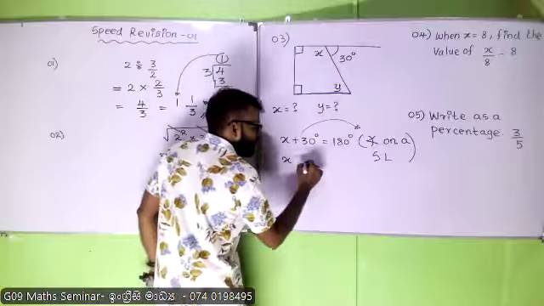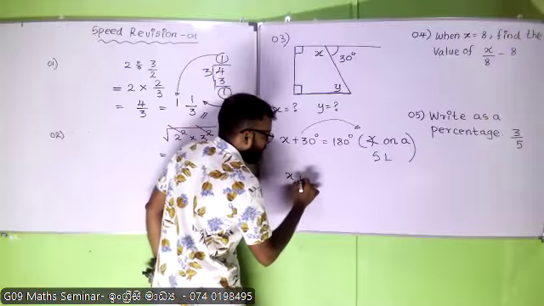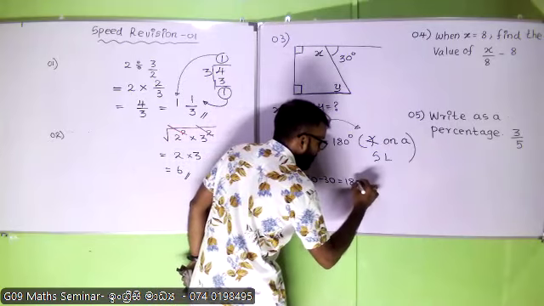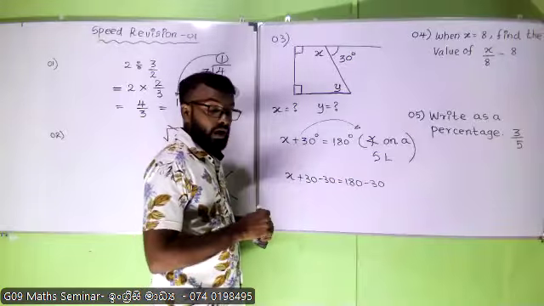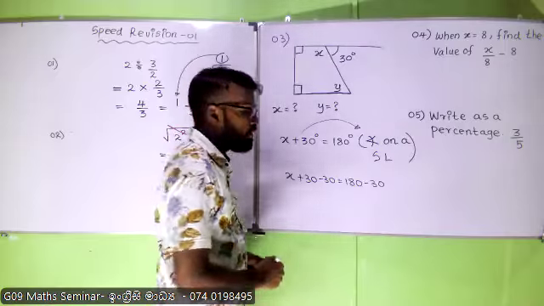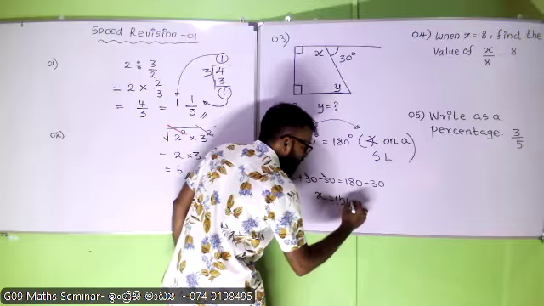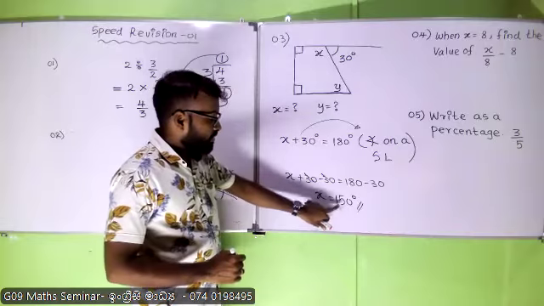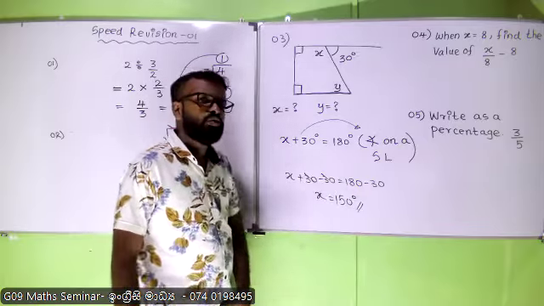So you can write it like this: plus 30, negate 30. I am giving you 30 apples, taking back 30 apples. How many apples? 0. So x equals 150 degrees. And for your final answer, you need to have degrees. Otherwise, you will lose marks.